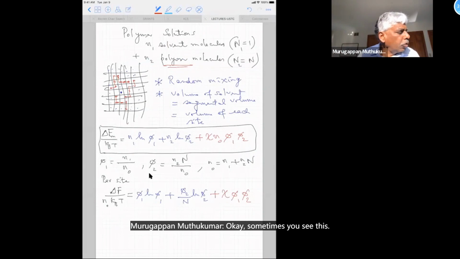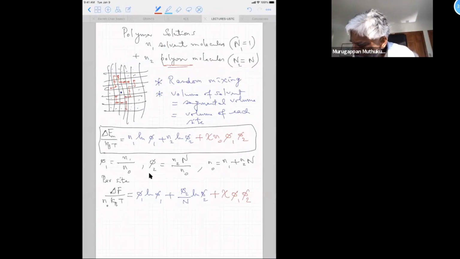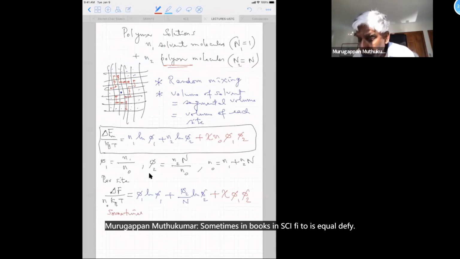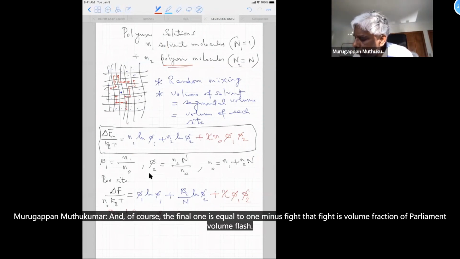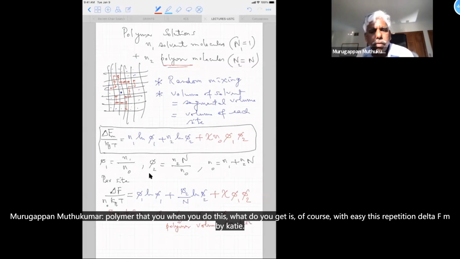Okay. Sometimes you see this. Sometimes in books you'll see phi 2 is equal to phi, and of course phi 1 is equal to 1 minus phi, where phi is the volume fraction of polymer. When you do this, what you get is, of course, very easy.